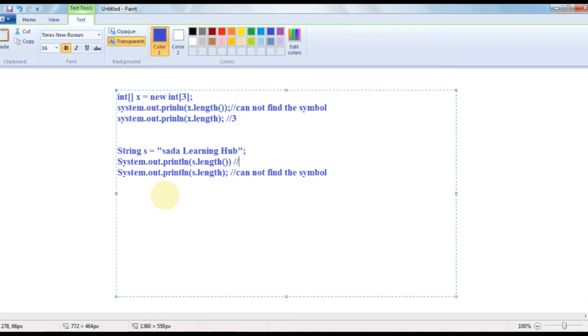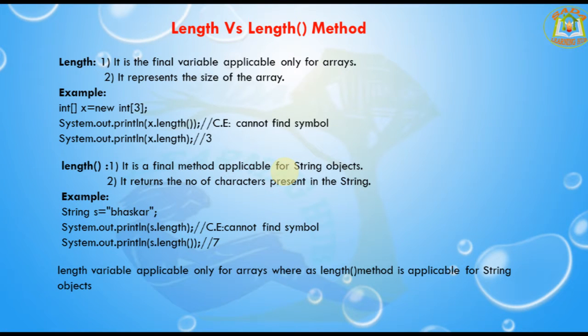How many characters are available? 4, 6, 8, 10, 12, 13, 14, 15. So for "Sada Learning Hub", the string length is 15. That means 15 characters are available in that one. Next, the length variable is applicable only for arrays, whereas the length method is applicable for string objects.